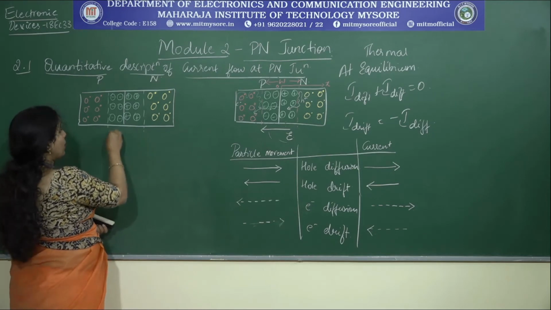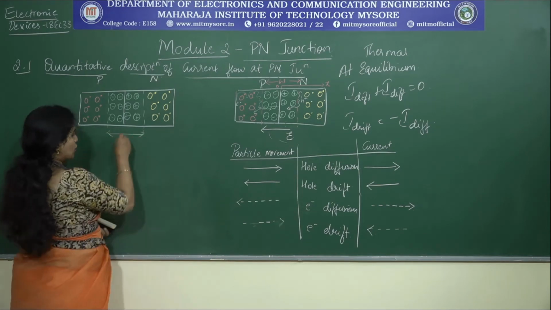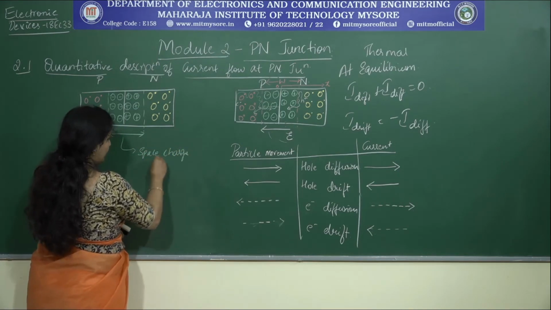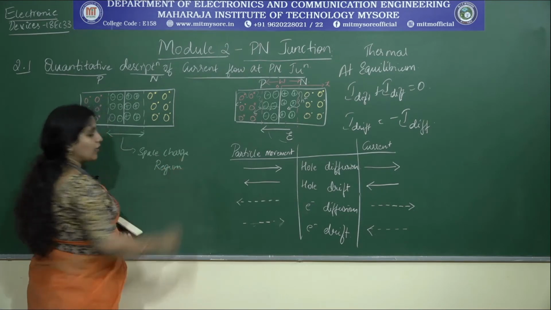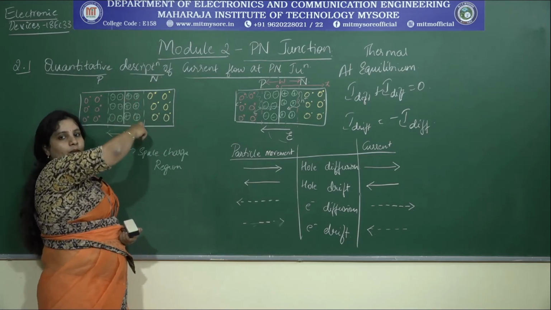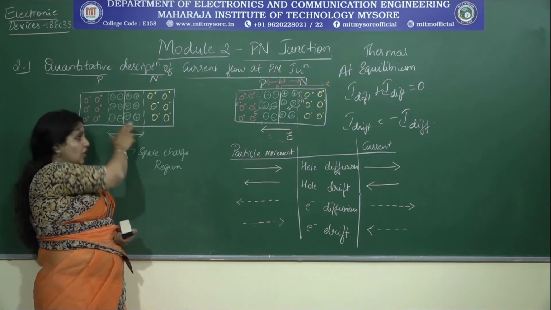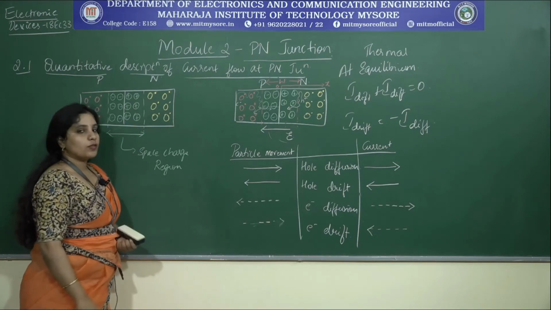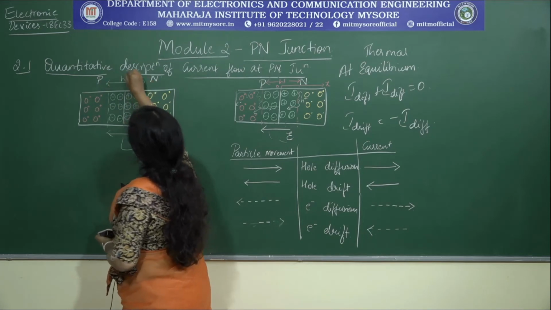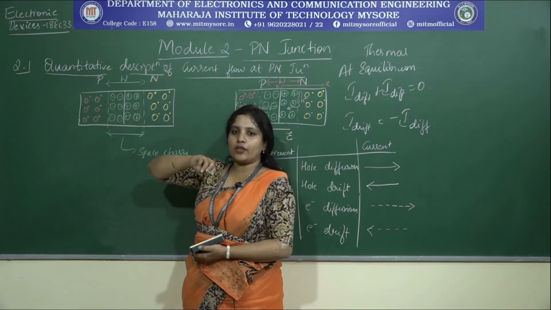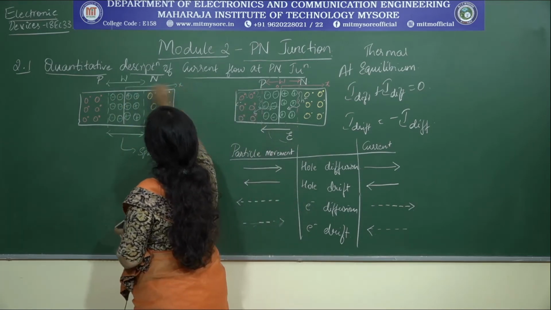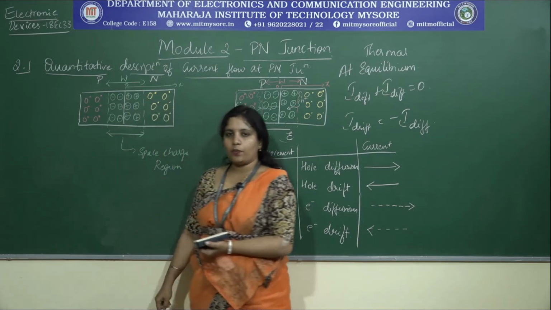Depletion region. I also represent this as the space charge region. I already mentioned this is a positive space charge region and this is a negative space charge region. Therefore, on the whole, I represent it as the space charge region. Now, what is this? It is the width W, which indicates the width of the space charge region, and let me represent the direction as x and this point as 0.